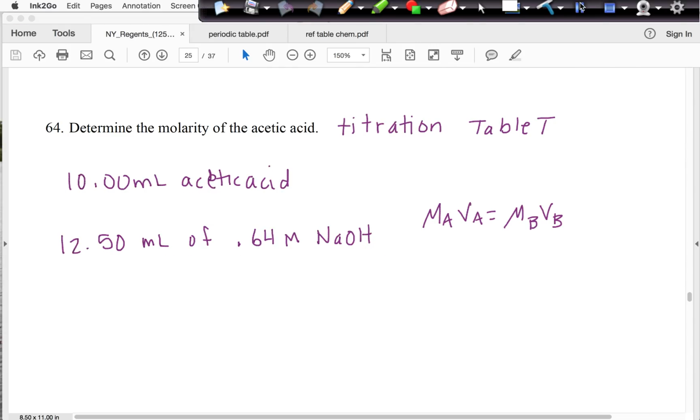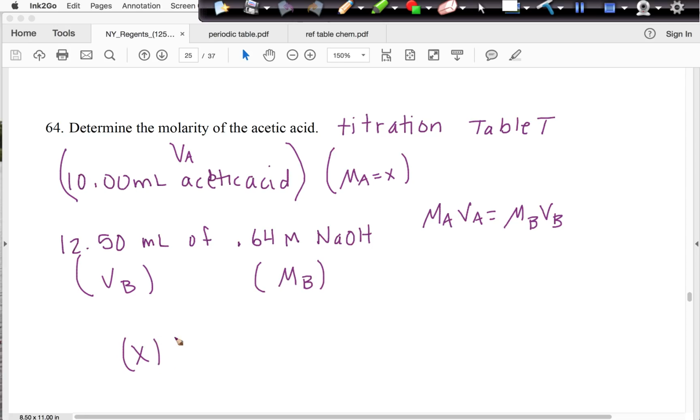So when we go back to the information that we had, we look at this formula. This is my volume of my acid. My molarity of my acid is unknown. This is my volume of my base, and this is my molarity of my base. So I'm going to do X times 10 equals 0.64 times 12.50.